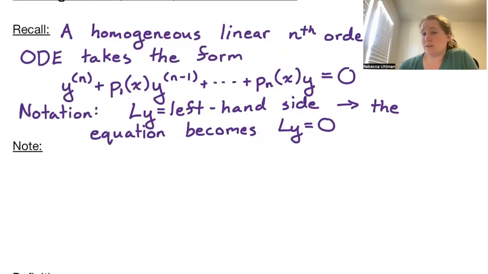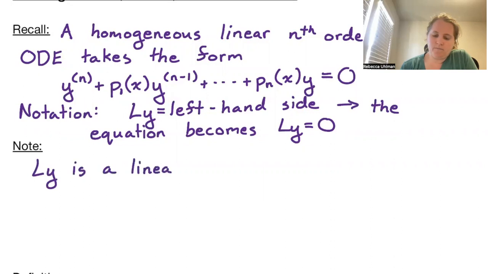Just a quick note, just like we had for second order, Ly is a linear operator, since derivatives are linear operators.